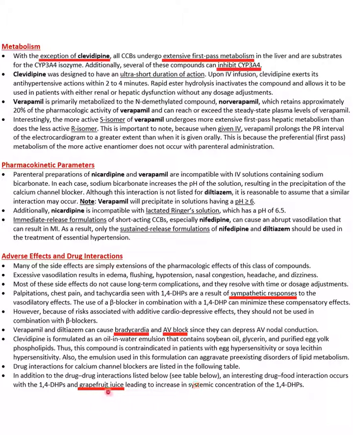Basically, grapefruit juice can affect the enzyme, cytochrome P450, and since these products are extensively metabolized by this enzyme, this can affect the plasma concentration for these products. Just as a reminder, grapefruit juice inhibits CYP3A4, and therefore by inhibiting this enzyme, these products will have higher concentration in the blood.